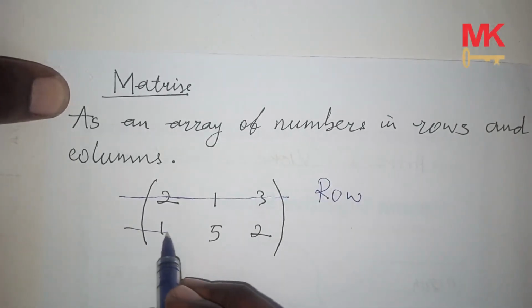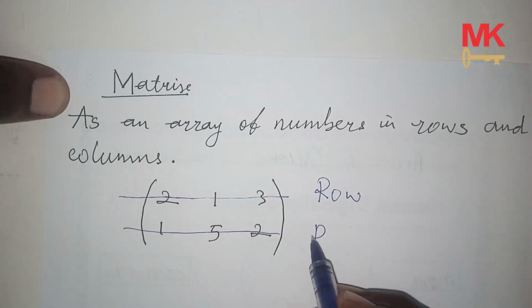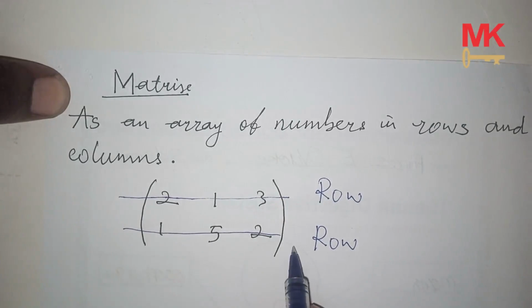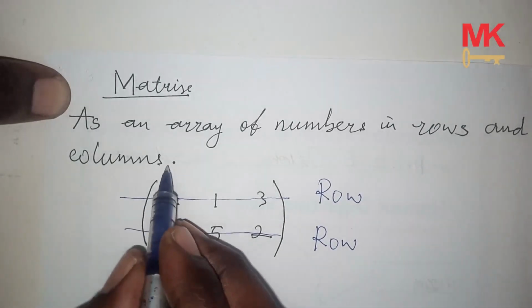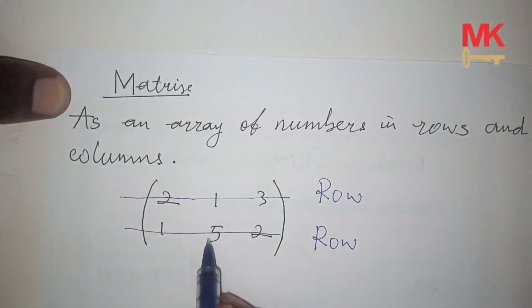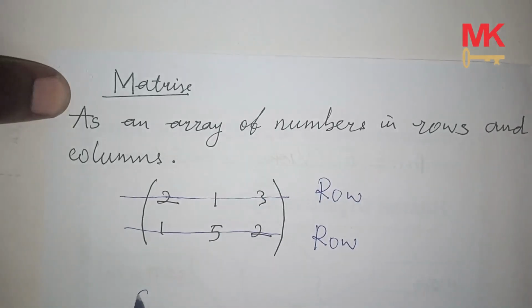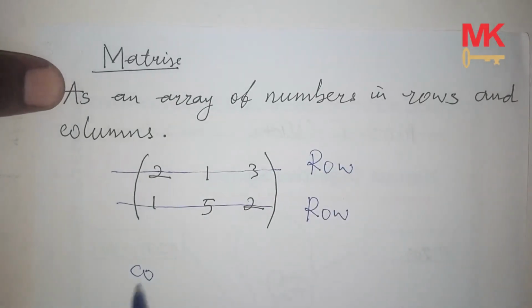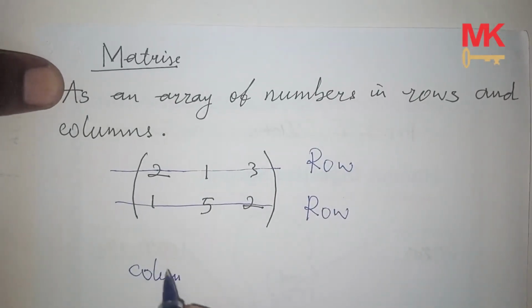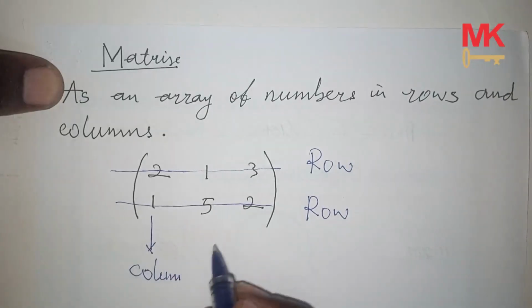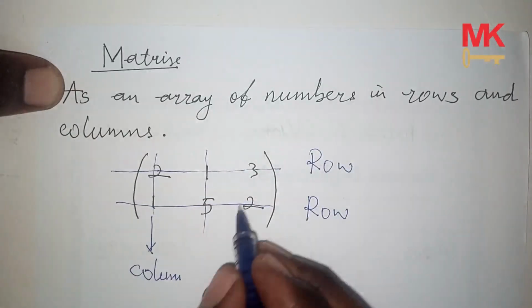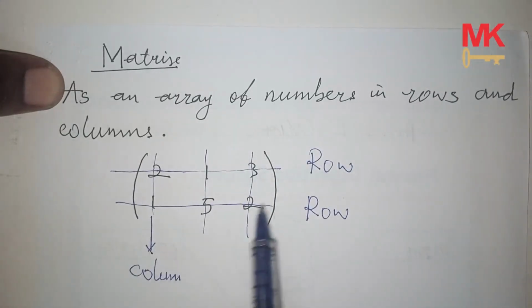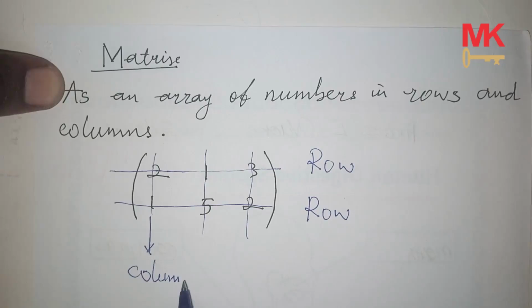So in this case, there are 3 columns. This is an example of a matrix, and it has rows and columns.